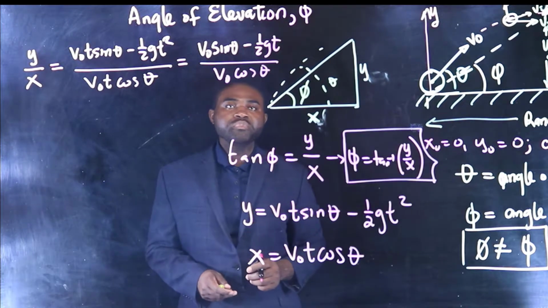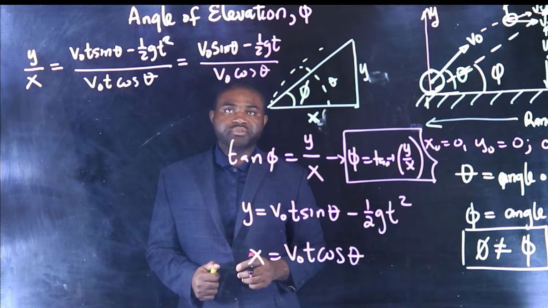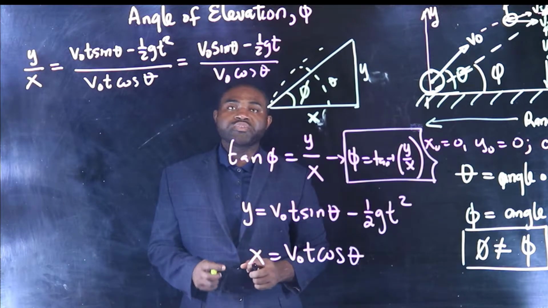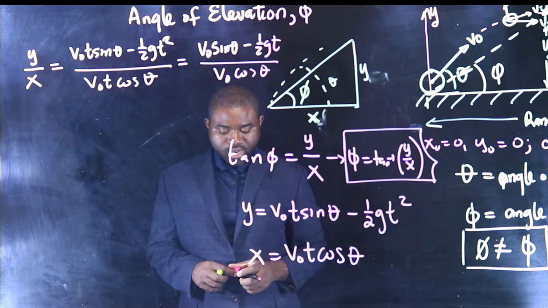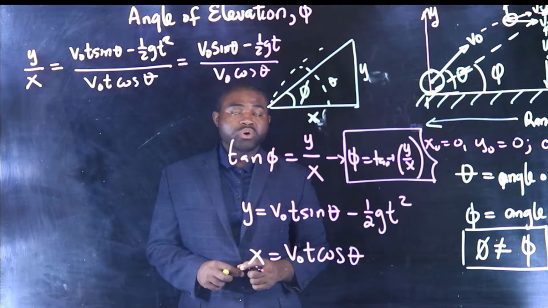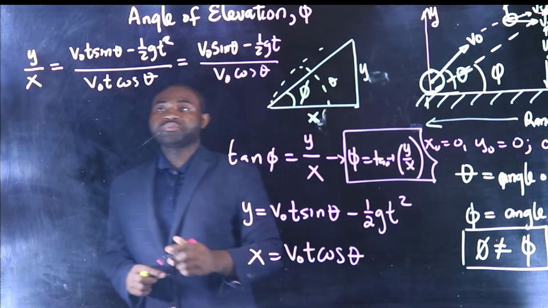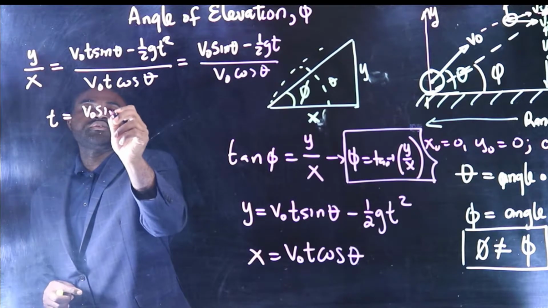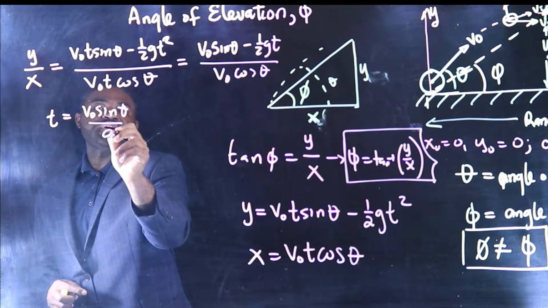Now here's what is interesting. We can calculate the angle of elevation at maximum height. Why? Because we know that at maximum height, t is equal to v naught sine theta all divided by g.